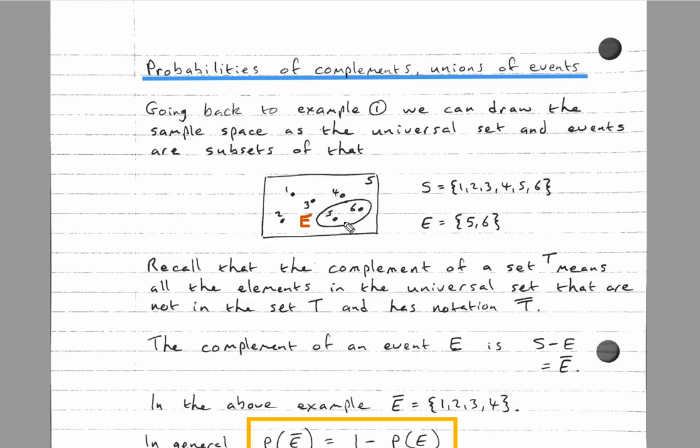And you could look at other subsets. So you could have E1, E2, make Venn diagrams. Okay, you remember the complement of a set. Say a set T means all the elements in the universal set that are not in the set T. And we use the notation, just put a bar above it, for the complement.